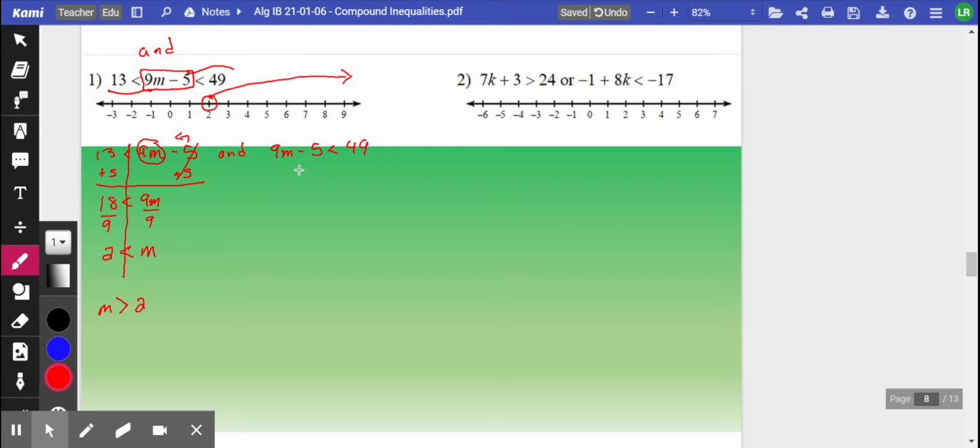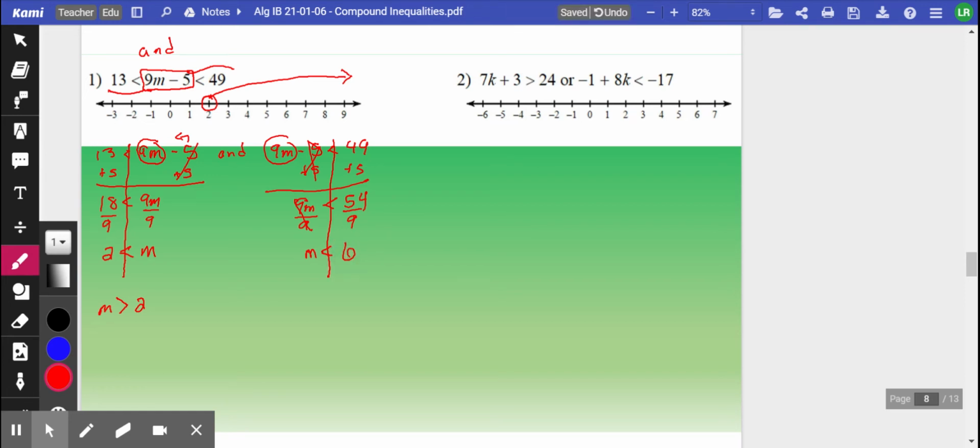And now I move on to my second one, and we're going to solve this one. So I'm going to add 5 to both sides. Drop it like it's hot. Get 9m is less than 54. Finish him. Divide by 9, and m is less than 6.